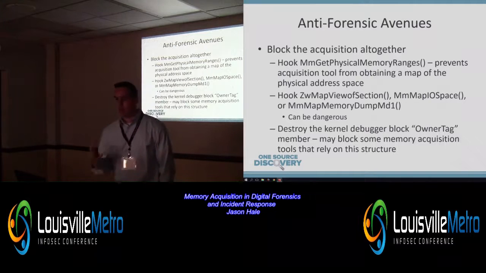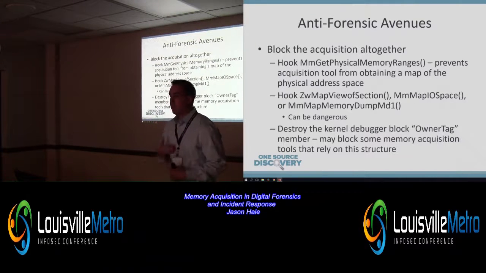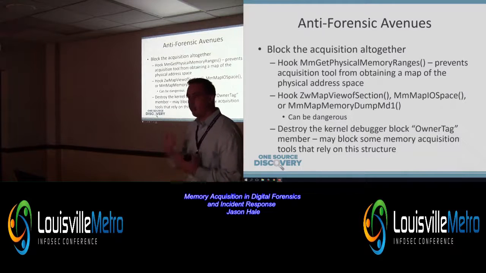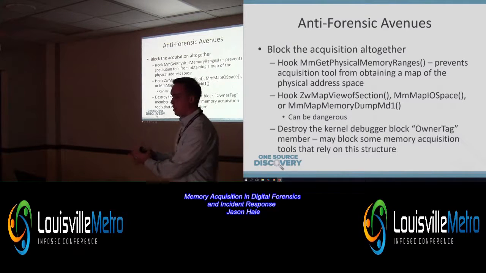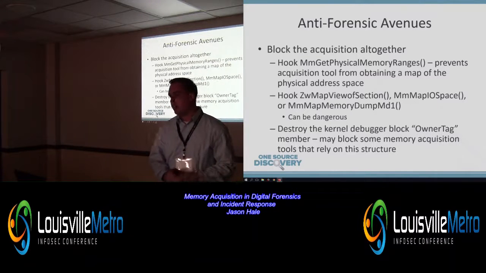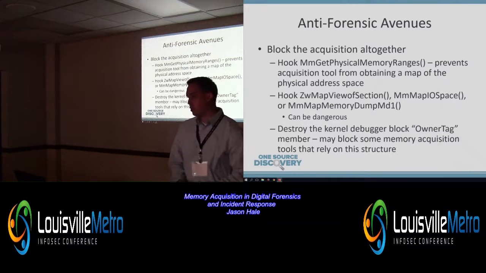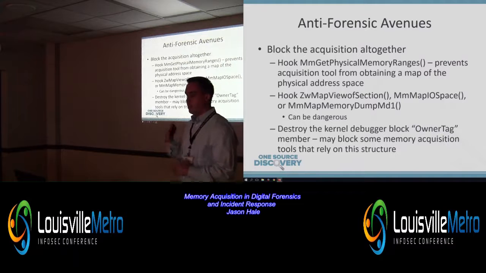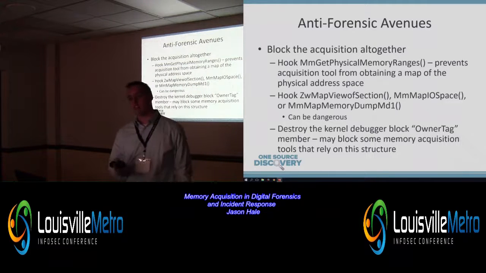So if you have your memory acquisition tools, the drivers from your memory acquisition tools, if they are using these exotic and undocumented kernel APIs, then from the malware perspective, if you see a call to that API, the chances are it's probably not anything other than a memory acquisition tool, right? So it's not like we're using the same kernel APIs that everything else running on the system is using.